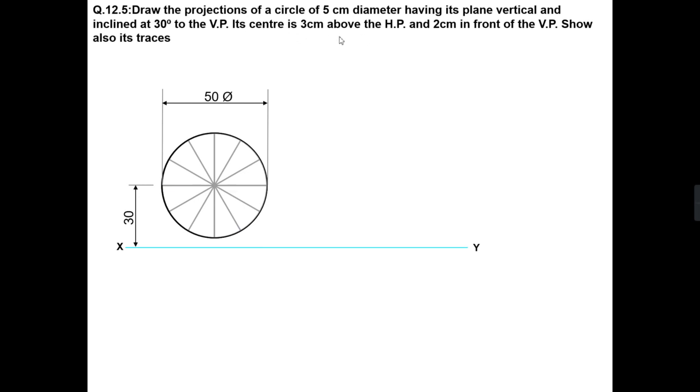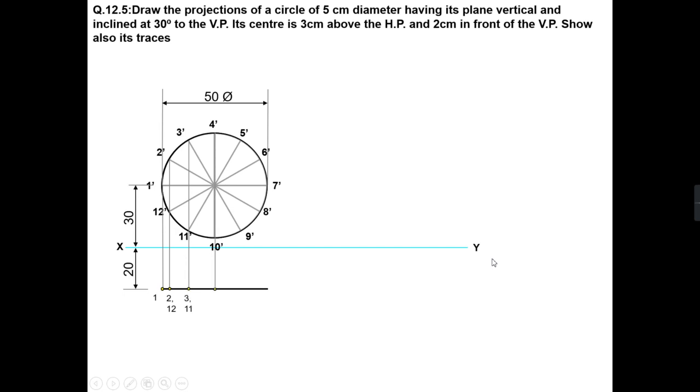As the question says your center point is 2 cm in front of VP, your line will be 2 cm away from the XY line. So this is how you can draw the top view of the circle.